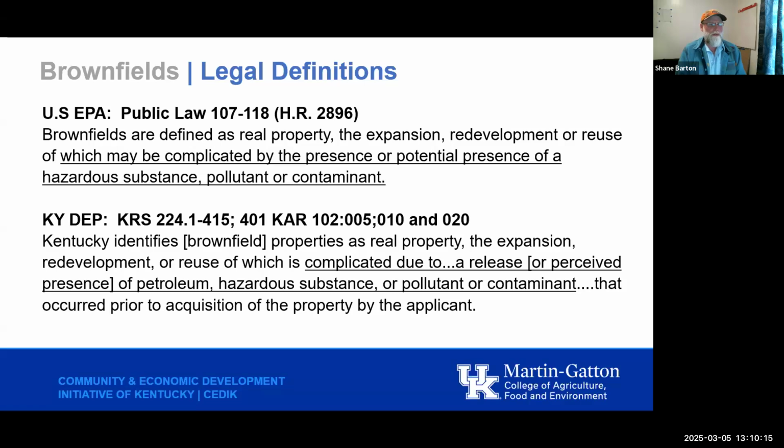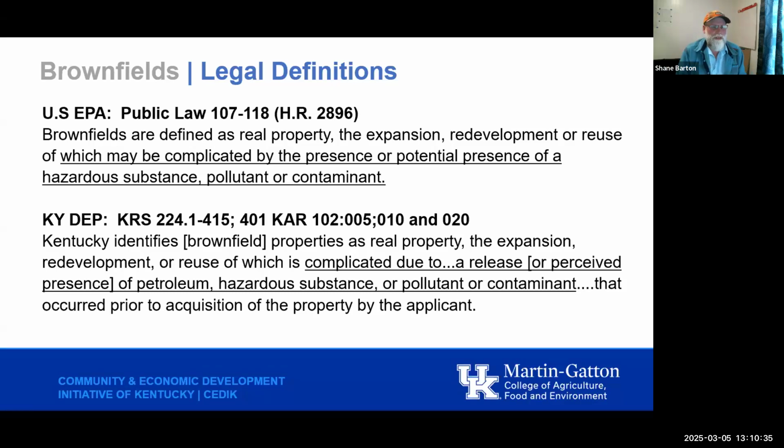So what we're really talking about is a vacant building, an underutilized site, an abandoned site that is complicated by the presence or potential presence of a contaminant. That is the differentiating characteristic that will make a vacant building a brownfield building or a brownfield site.